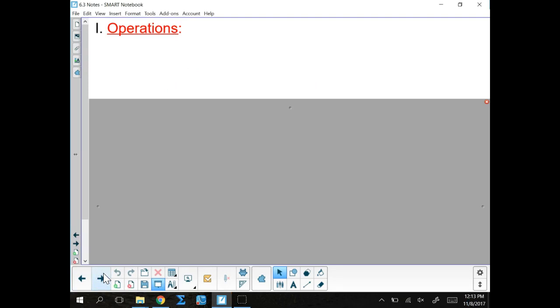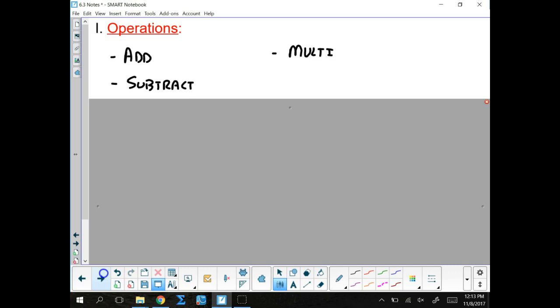So, first thing is operations. Okay? In math, what are some operations? Adding is an operation. Subtracting is an operation. Multiplying is an operation. Division is an operation.